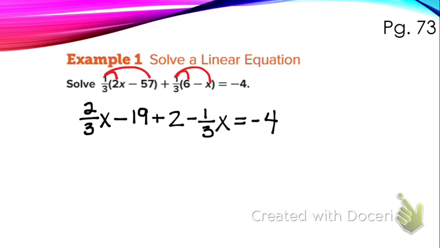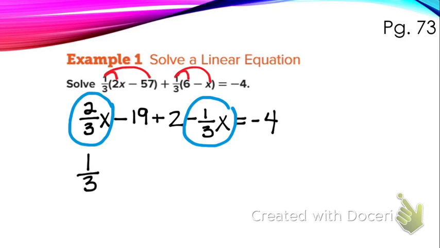All right, step number 2 is combine your like terms. So my like terms would be 2/3 x and negative 1/3 x. If you take 2/3 minus 1/3, you get 1/3. And your calculator will subtract fractions.